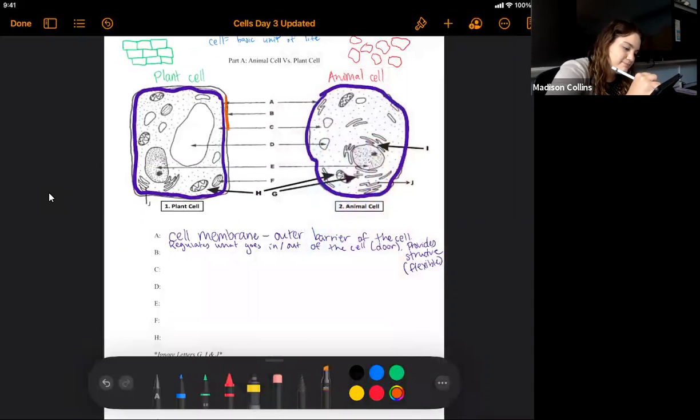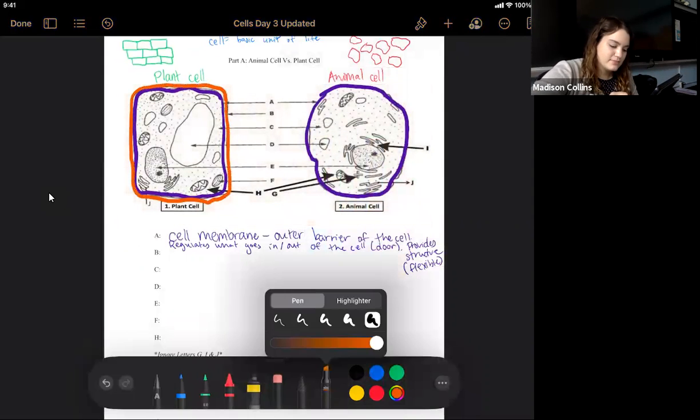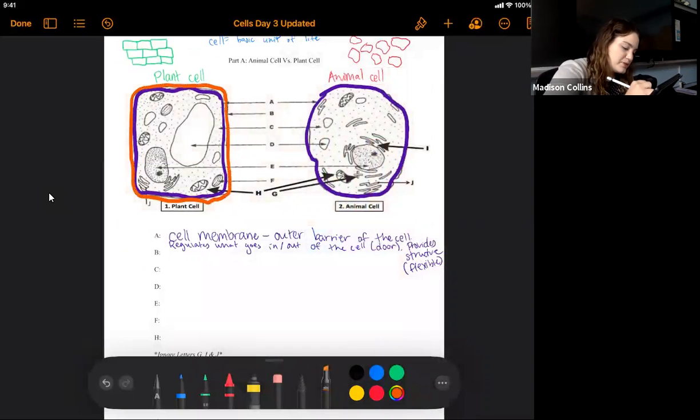Structure B. So we only find structure B in plant cells, and that's going to be this outer layer of the cell. And we don't see it in the animal cell. So structure B is our cell wall. Okay, and our cell wall is a super tough and rigid structure.